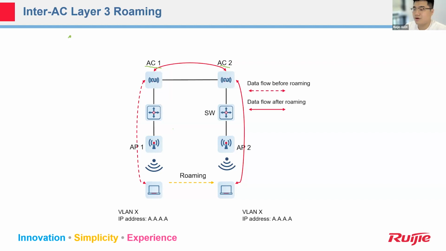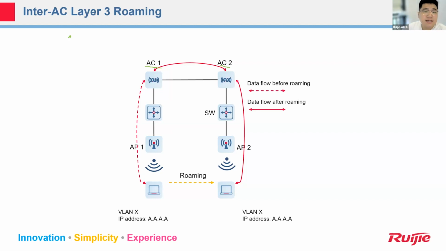For example, we can divide the network into different layers, and we use layered ACs to manage the APs. For example, AC1 is used to manage the APs at the lower layer, and AC2 can manage the APs at a higher layer, and at the same time, it can manage AC1. Okay, this is the situation when we should use more than one AC.